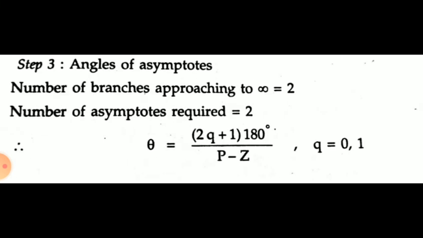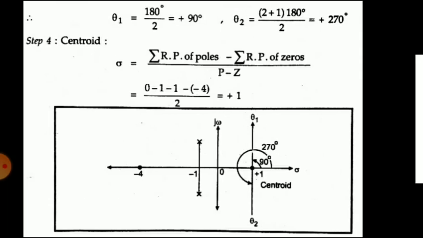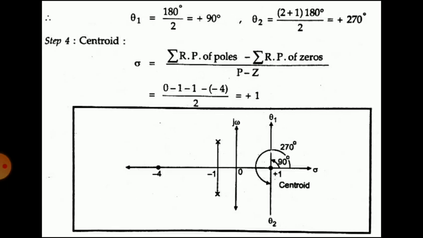Draw the angle of asymptotes, the formula is given. So the angles of asymptotes are theta equal to plus 90 degrees and 270 degrees. So draw theta 1 and theta 2 on the centroid. First calculate the centroid: summation of real parts of poles minus summation of real parts of zeros, upon number of poles minus number of zeros.